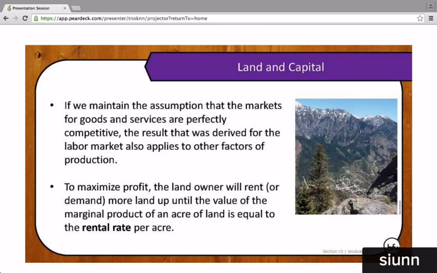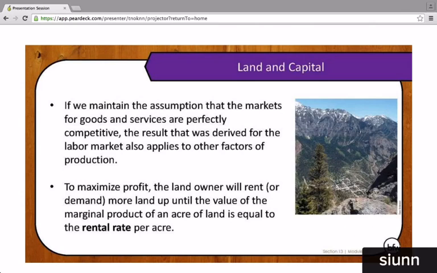So, Module 69 demonstrated that the demand for the labor input is derived from the demand for goods being produced by the labor. Graphically, the downward sloping value of the marginal product curve is the firm's demand for labor. So if we maintain the assumption that the markets for goods and services are perfectly competitive, the result that was derived for the labor market also applies to other factors of production such as land and capital.